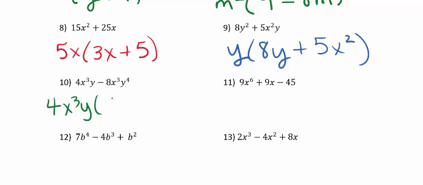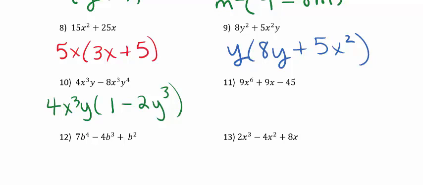Well, we need to have a 1 here, so we can multiply it by 1 to get it back. Minus, and then 4 times 2 is 8. We already have the x cubed. And then we need a y cubed. So if we were to multiply that back out, we would get 4x cubed y minus 8x cubed y to the 4th.